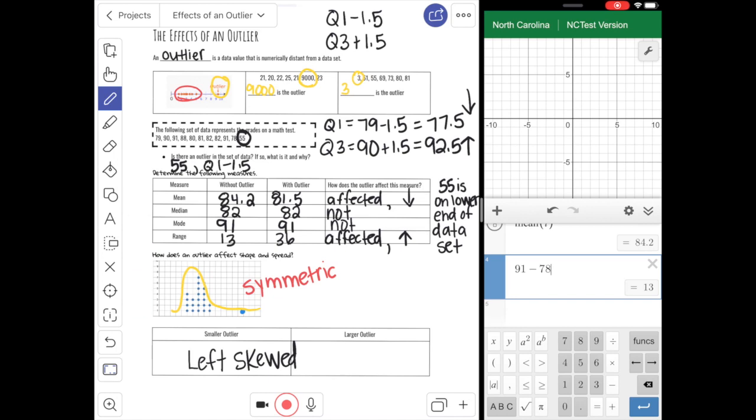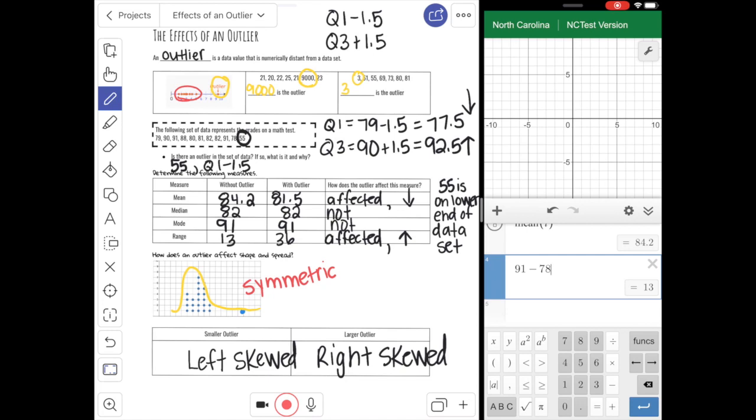Again, wherever you have an outlier is how your data is going to be skewed. The way I think about it is that outliers skew the data in the direction of the outlier. If I have an outlier on the lower end, on the left, it's going to be skewed left. If I have an outlier on the right, on the upper end, it's skewed right. I hope this helps you understand the effects of an outlier.